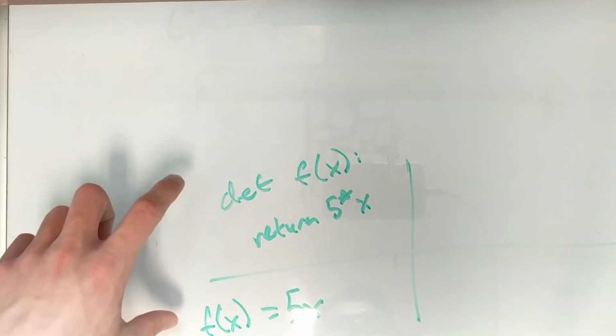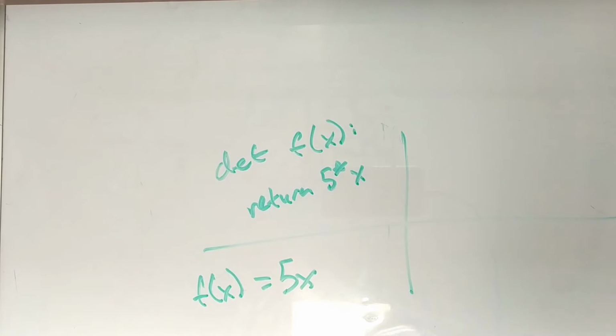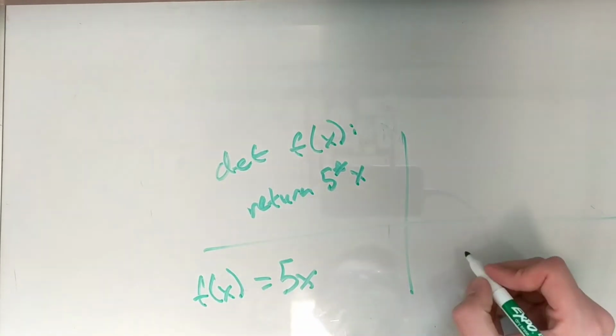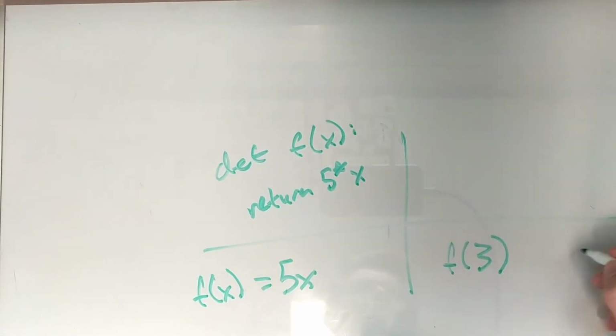But keep in mind that both of these definitions do not really do anything for us. I mean, they define something, but we don't get any actual outputs. If we wanted to get an output for this, we would say something along the lines of f of 3, and that would be equal to 15.